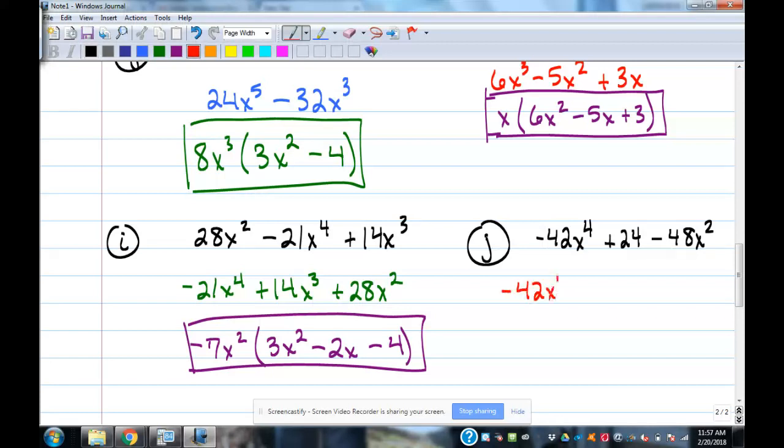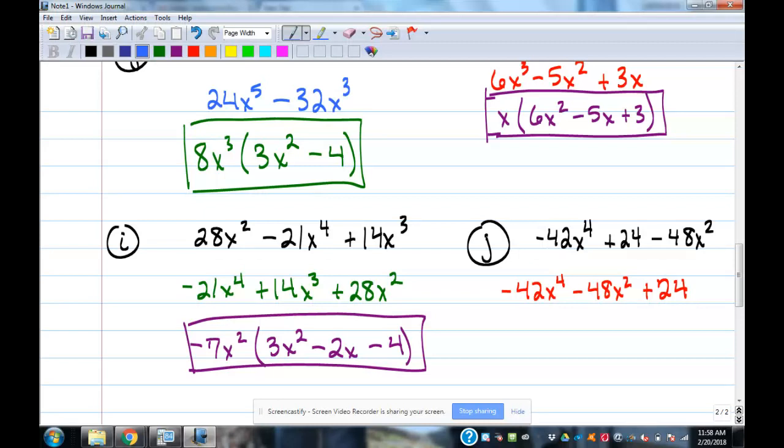Negative 42x to the 4th minus 48x squared plus 24. All right. 6 goes into 42, 6 goes into 48, 6 goes into 24. Is that the biggest thing that goes into all 3 of them? That seems like a small number for these larger numbers here.